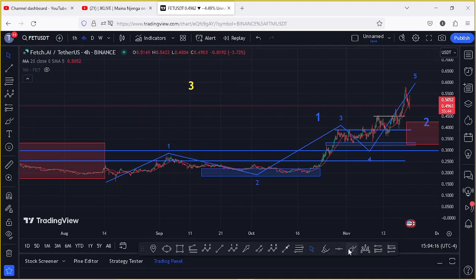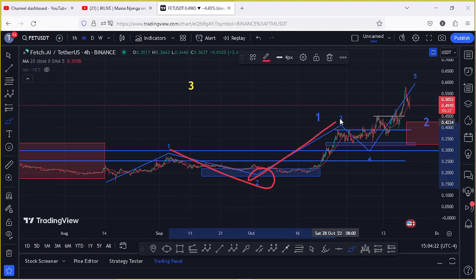Then we saw a bit of a pullback in the formation of this wave 2. Another push to the upper side formed this wave 3, then a wave 4, and finally we have seen the formation of this wave 5, in a move that has now given us a high above the $0.58 mark, completing a 5-wave structure to the upper side.